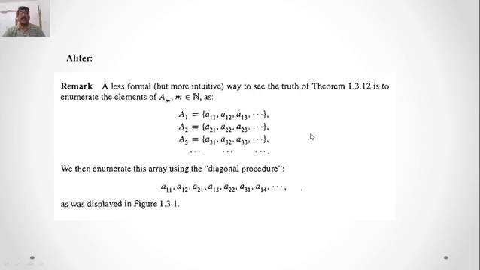Like that, as we discussed in the case of positive rationals being countable and enumerable, here also we can list all the elements of the union of A_m in a rectangular form. Any A_mn is in the mth element of the (m plus n minus 1)th row. Hence, the union of A_m is a countable set.